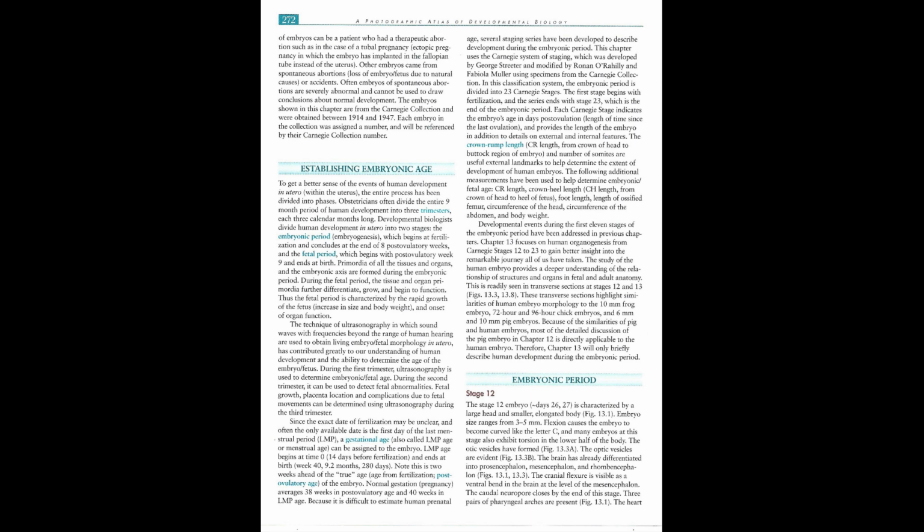Since the exact date of fertilization may be unclear, and often the only available date is the first day of the last menstrual period, LMP, a gestational age, also called LMP age or menstrual age, can be assigned to the embryo. LMP age begins at time 0, 14 days before fertilization, and ends at birth, week 40, 9.2 months, 280 days.